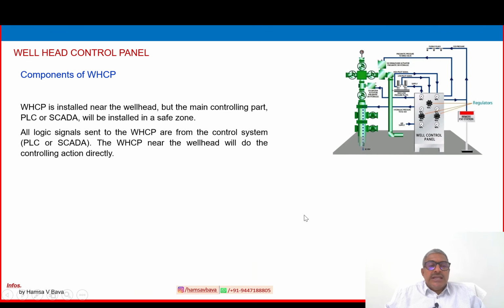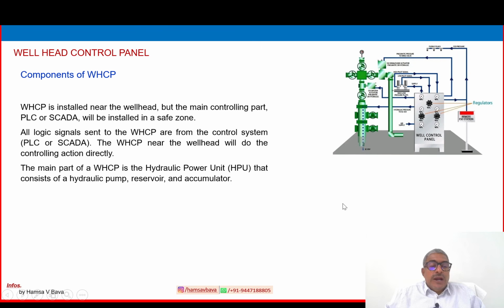All logic signals sent to the wellhead control panel are from the control system, PLC or SCADA. The wellhead control panel near the wellhead will do the controlling action, controlling the signals coming from the SCADA or PLC system, slightly away in the LER, local equipment room. So this is taking the action according to the situation.